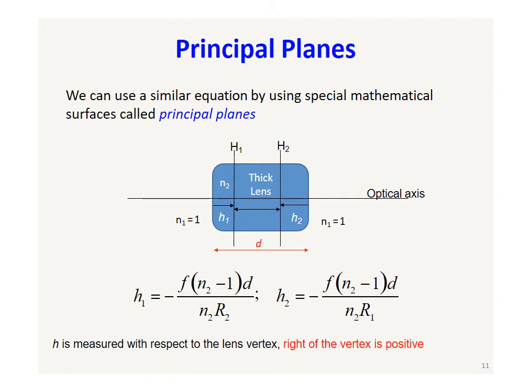Thick lenses still have primary and secondary focal lengths, so let's see how we can use the understanding we have of primary and secondary focal lengths and use the trick of principal planes to simplify how light rays travel in a system like this.